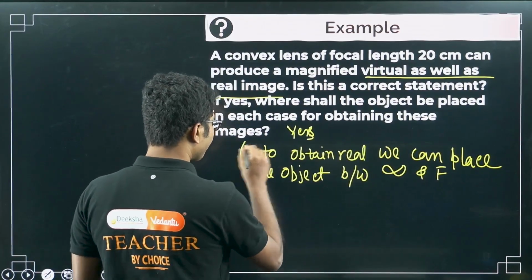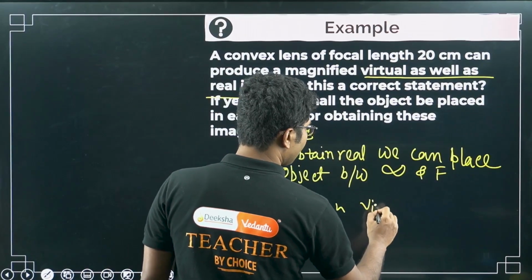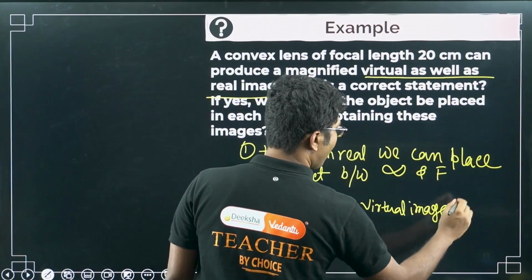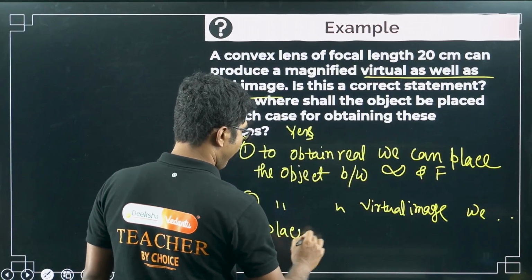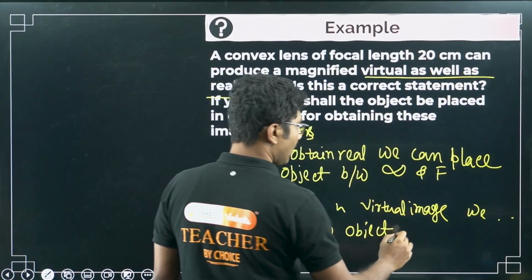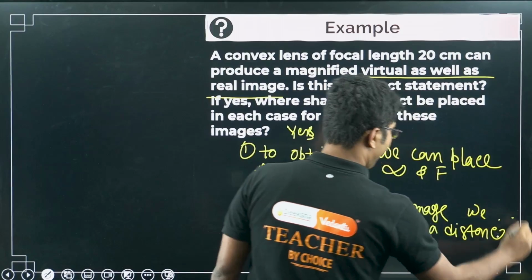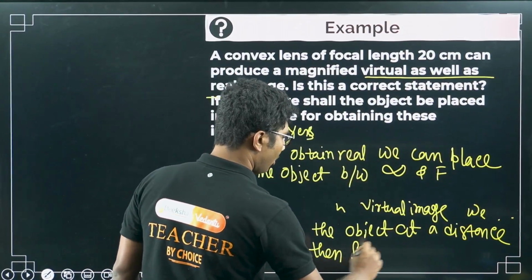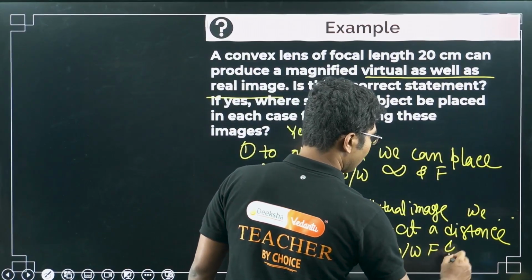To obtain the virtual image, we can place the object at a distance less than f, or between f and o.